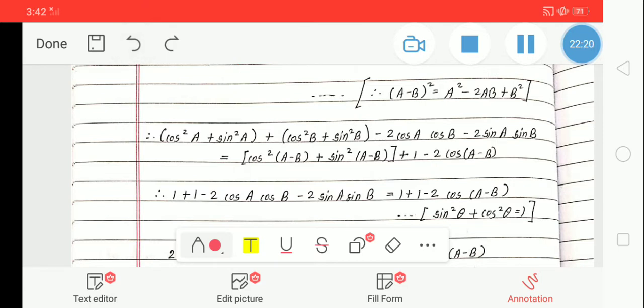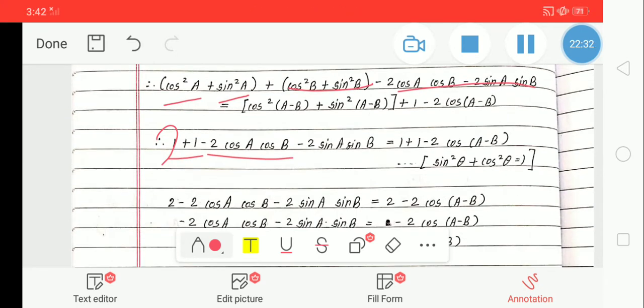Now we know that sin square theta plus cos square theta is equal to 1, so the value here is 1, and here also the value is 1, where A minus B is theta. The same equation remains.